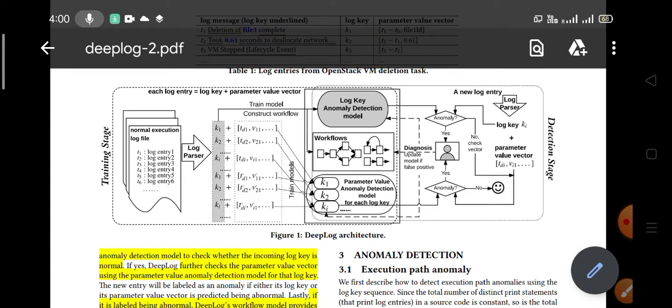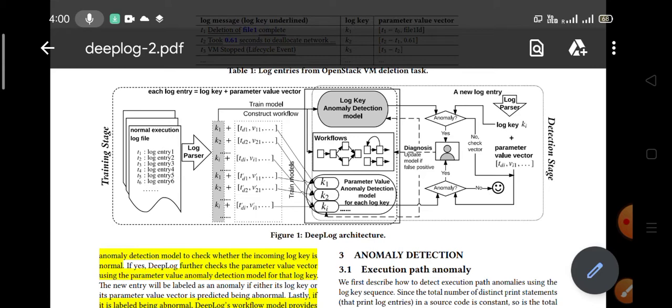And if there is a false positive, meaning it was normal but our model detected it as an anomaly, the model will do online training: it will pass that sample in and retrain with that false positive sample. This is the overall architecture. Sounds good, right?